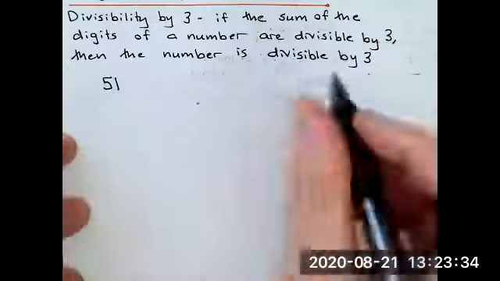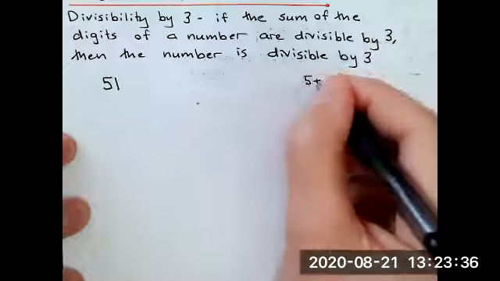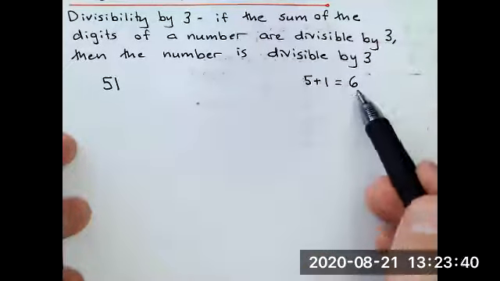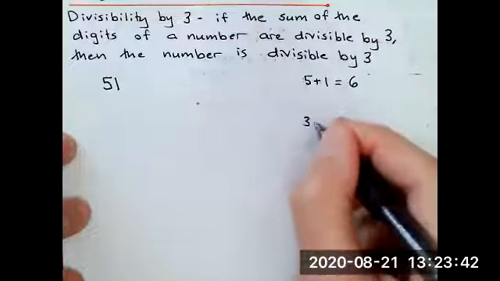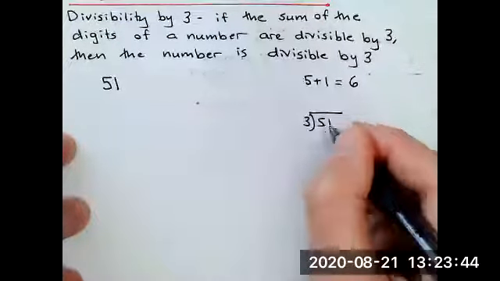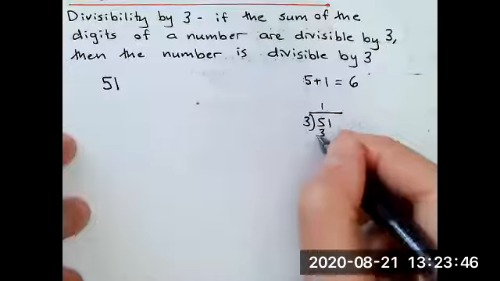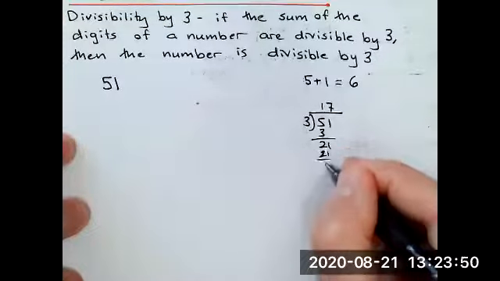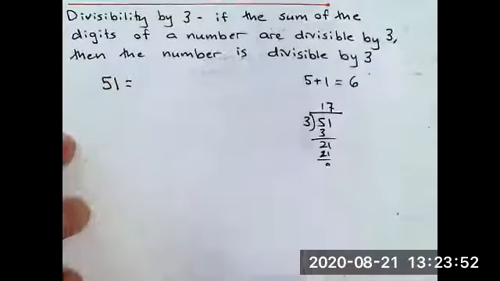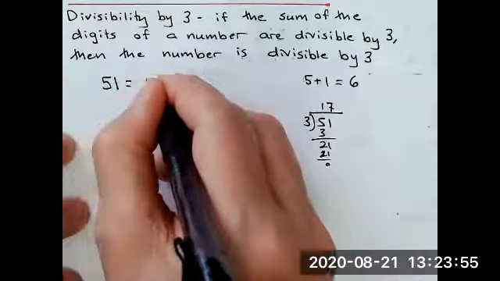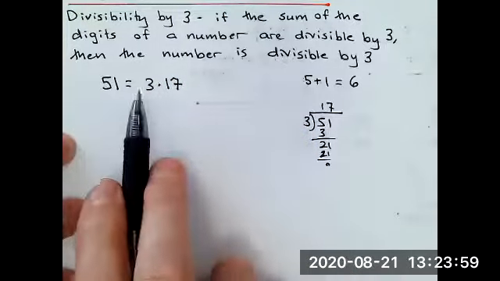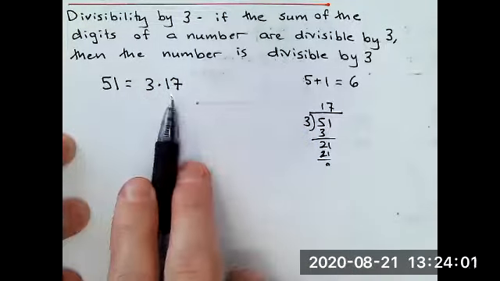But if you add the digits, you get 6, and 3 goes into 6. So you can divide 51 by 3. So 51 is 3 times 17. And then you check, 3 is a prime and 17 is a prime.